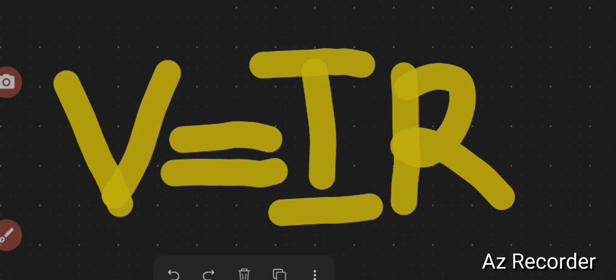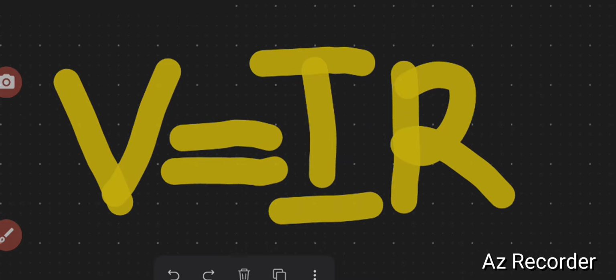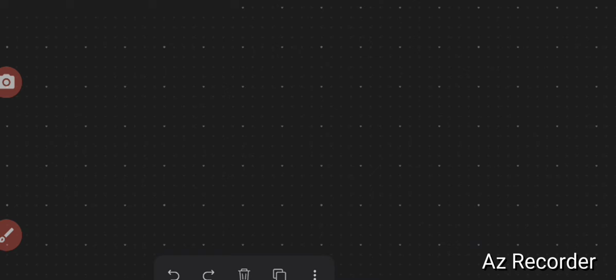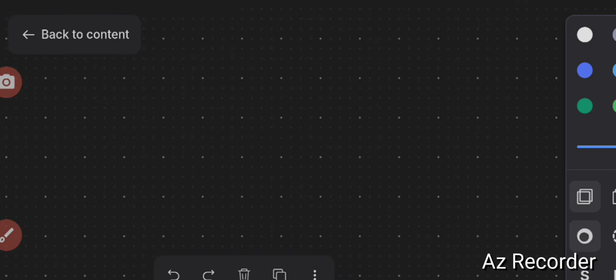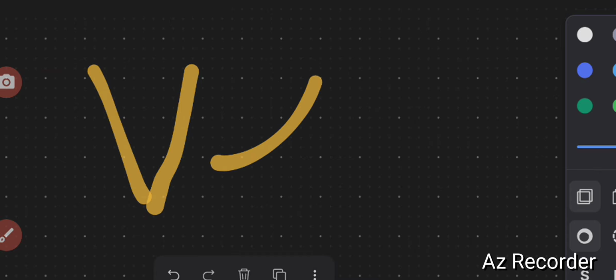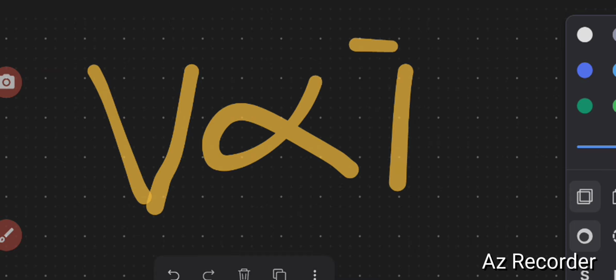Now, in mathematical terms, we can express Ohm's law as V is directly proportional to I. Okay, so this is the mathematical expression of Ohm's law, which states that the current flowing through a conductor is directly proportional to the voltage applied to that conductor. So V is directly proportional to I.